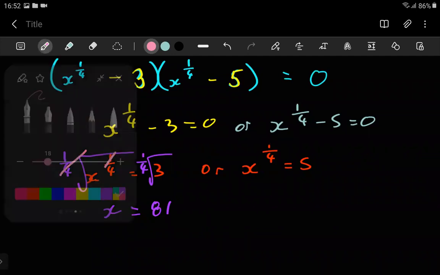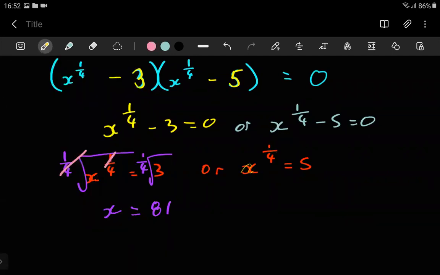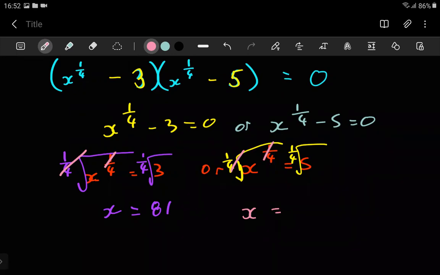Same here, right? You put the fourth root symbol here. What does it give you? Let me put it in.